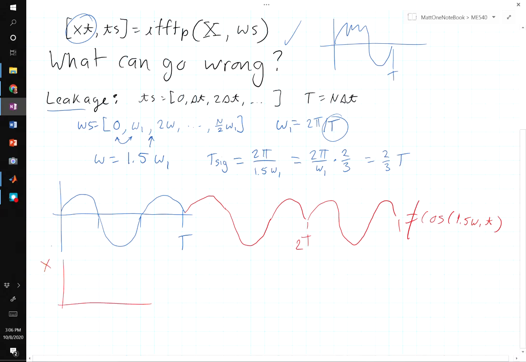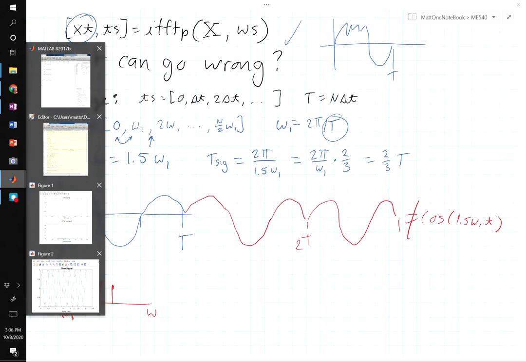If we were to plot, say, the G sub n versus frequency, these only exist at certain frequencies that are spaced by omega 1. I should move this over to be precise. And so leakage occurs when we have a frequency that's between these, and so its energy will leak out onto other frequencies.